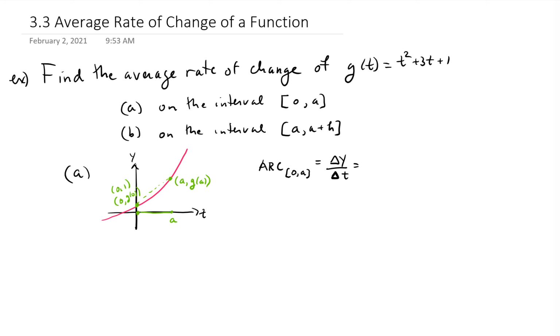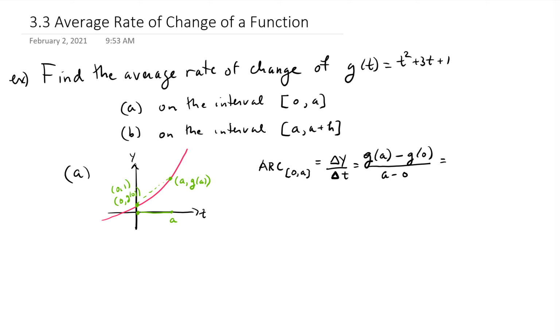So what is this? This is going to be the y-coordinate at the end point of the interval. So g of a minus g of 0, the initial point of the interval, over a minus 0, which are the two t values or the bounds of my interval. Now g of a is what?